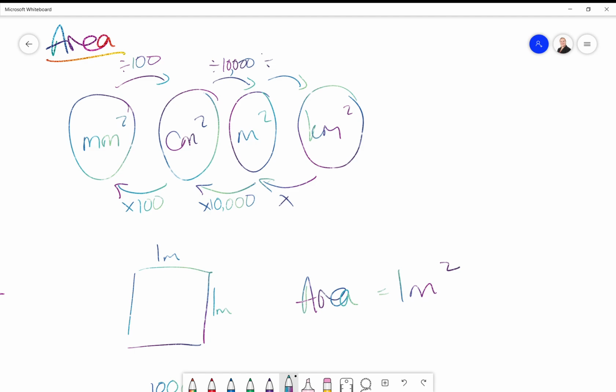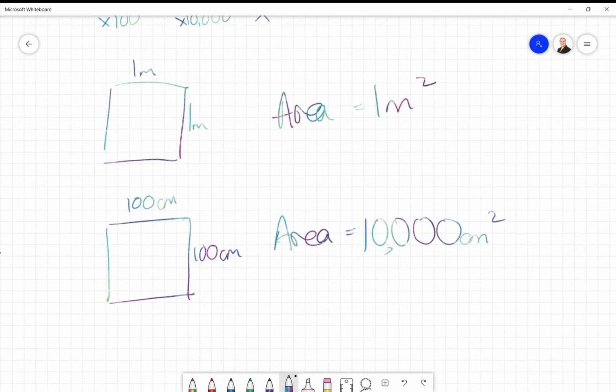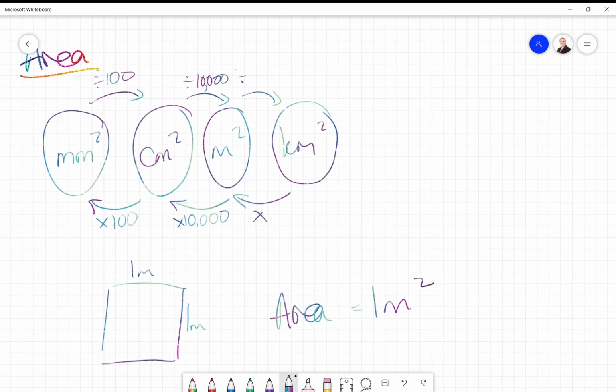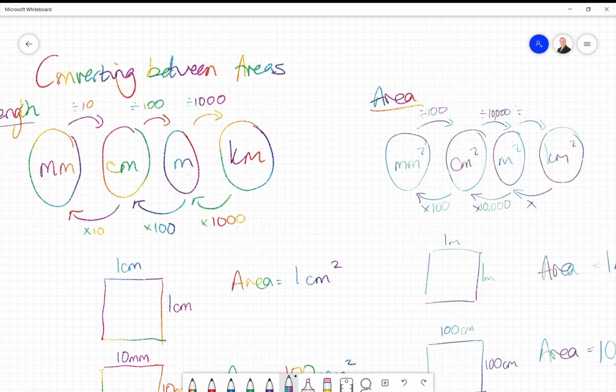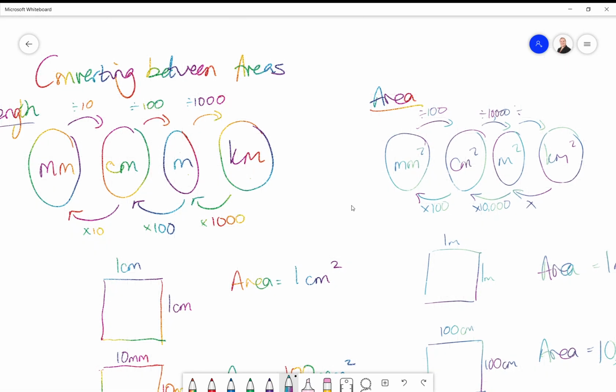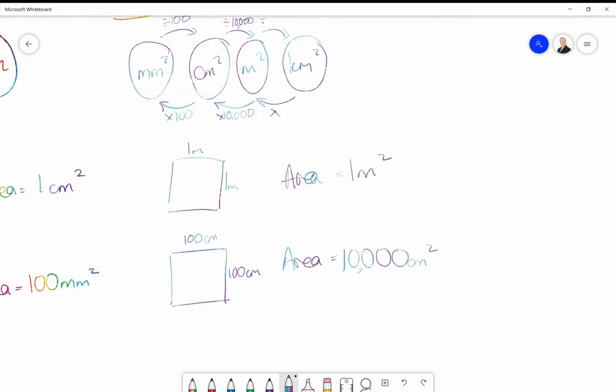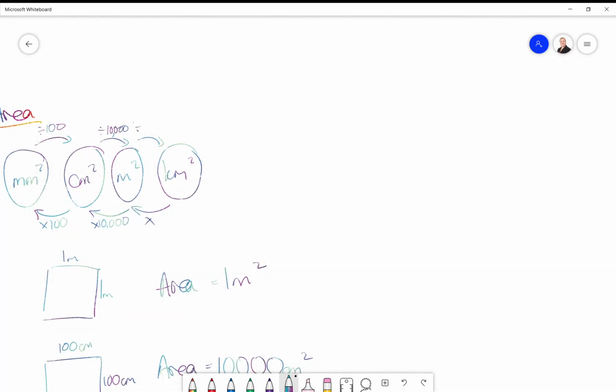Okay. So finally then, let's talk about a kilometre square and a metre square. Hopefully some of you can spot, if we compare these two side by side, what my number here and here is going to be. But if you can't, I'm going to do it now. So we've got another square.